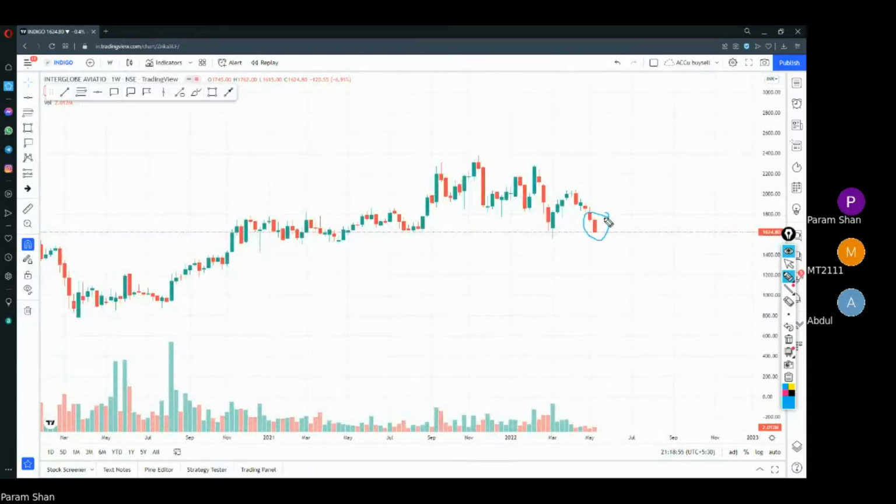This one candle is clearly telling you this is where it started in that week, this is where it went high, and this is where it closed. It looks like the low and close are almost the same. And if you see in the history, the same area has been tested again, right? So we are talking about the last one and a half years.